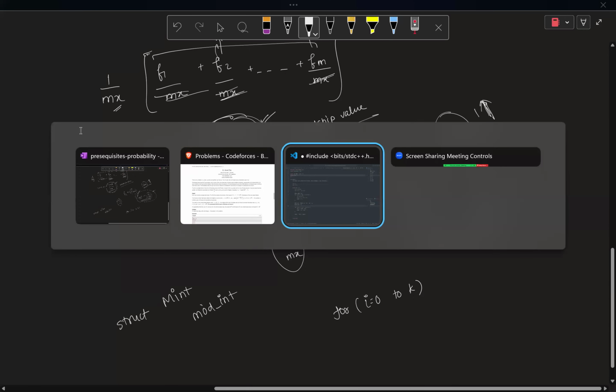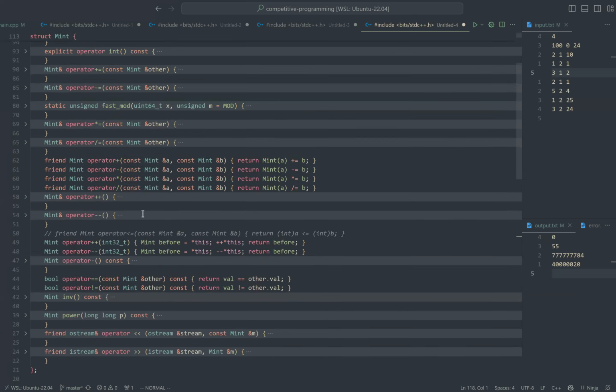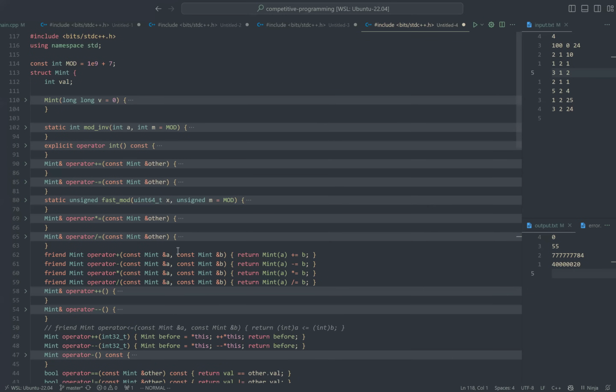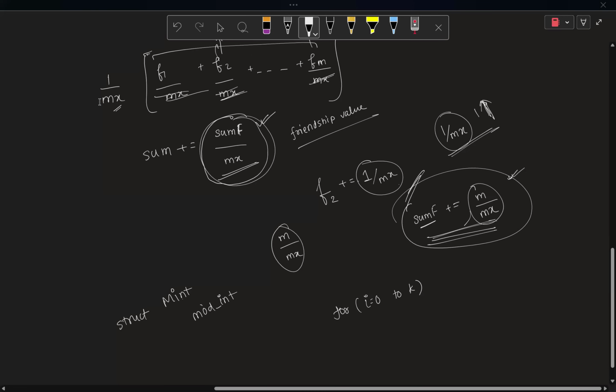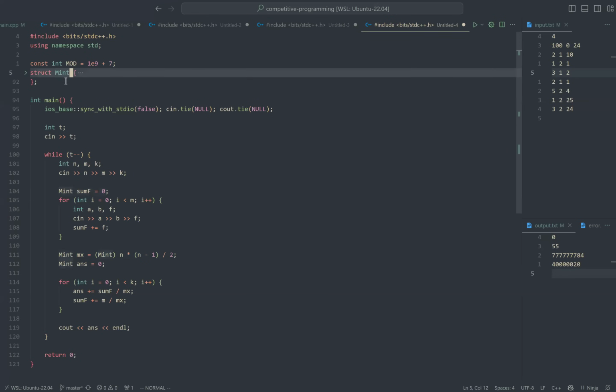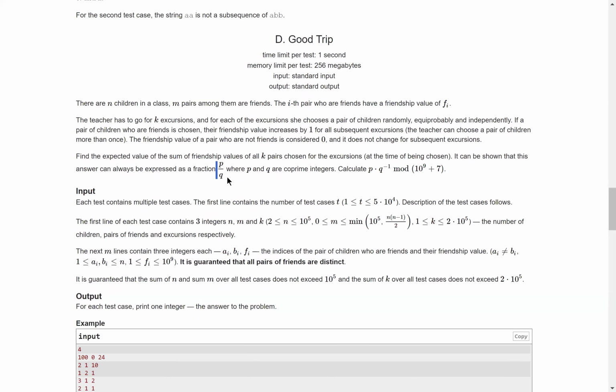Okay, so for the code part, one of the things is I'm using a structure like this one, mint. You can just search about this on the internet or look at any grandmaster's code. Everyone uses a structure like this. Basically, instead of creating things which can overflow, just create them with the structure mint, and then you don't have to worry about overflows in this expression.